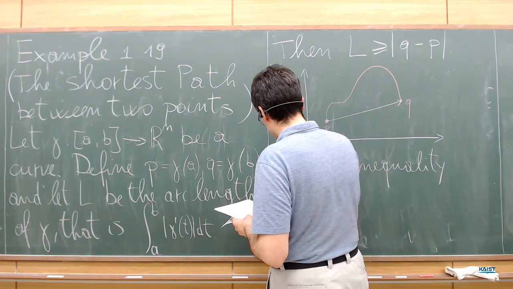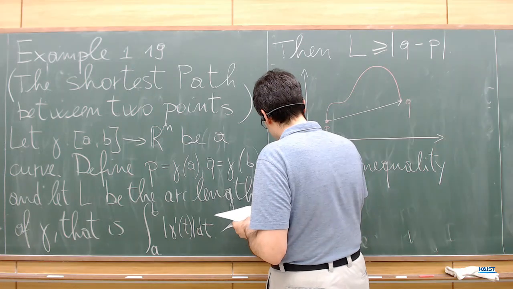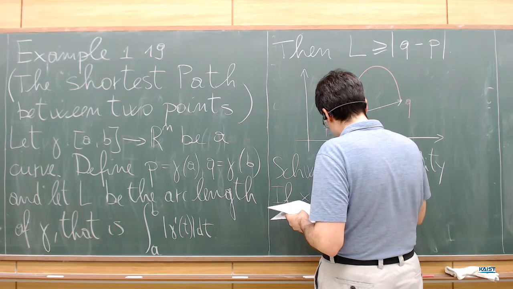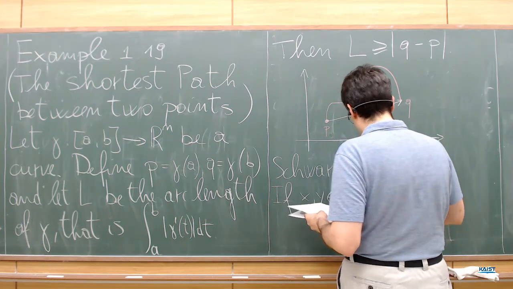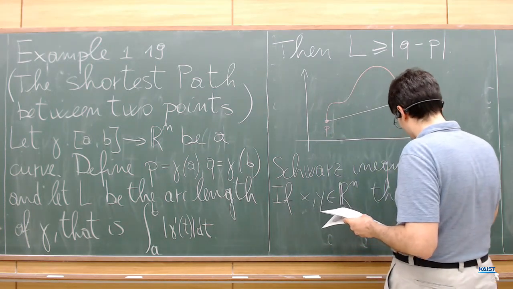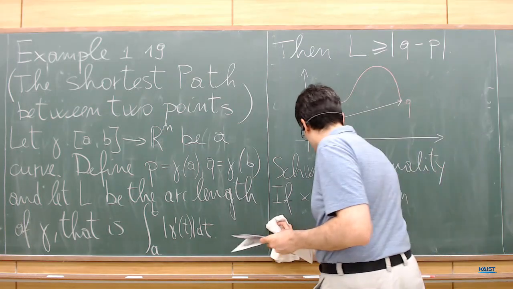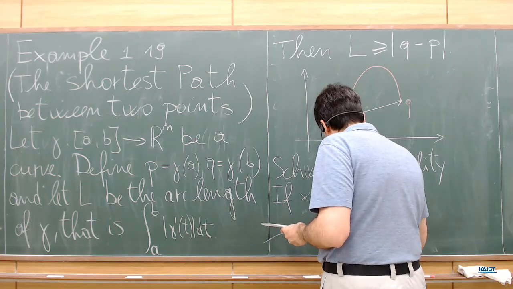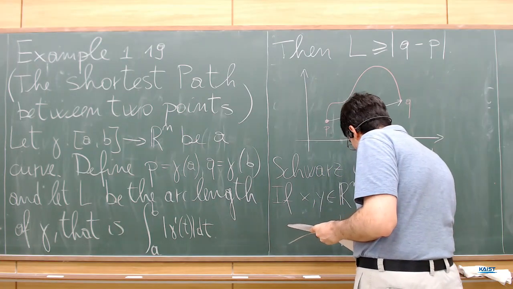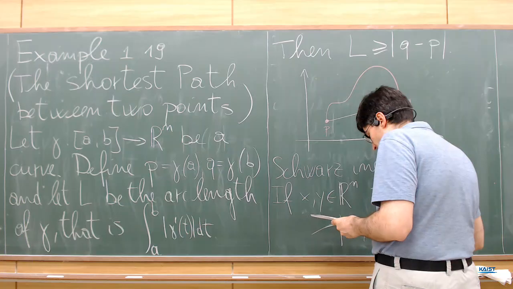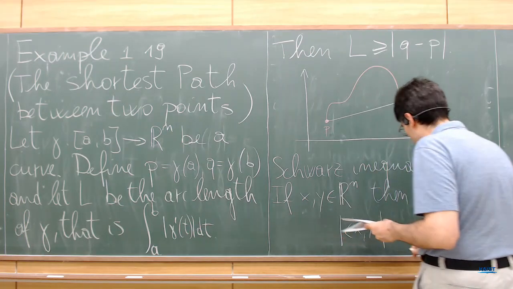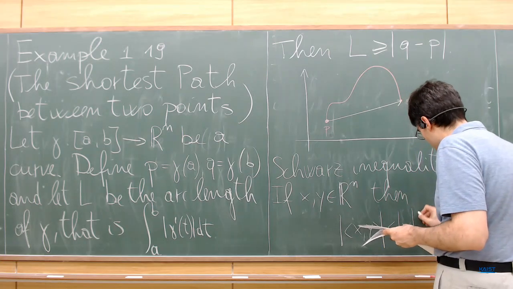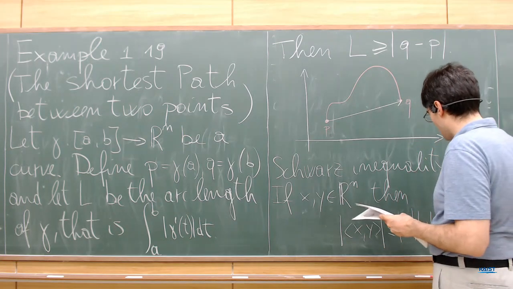It says that if x and y are vectors in Rn, then the absolute value of the inner product of x with y is smaller or equal than the product of the length of x multiplied by the length of y.